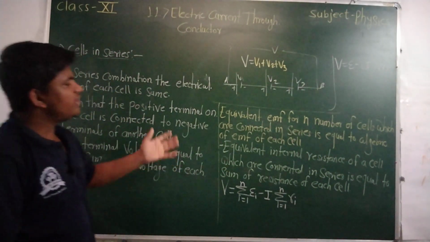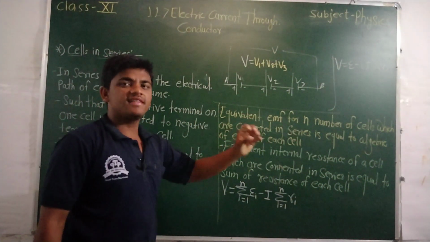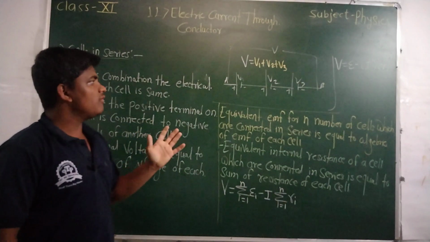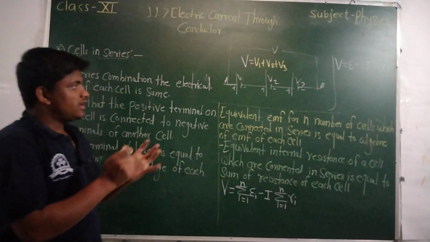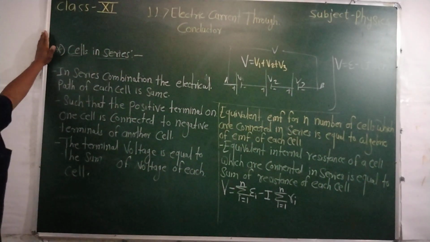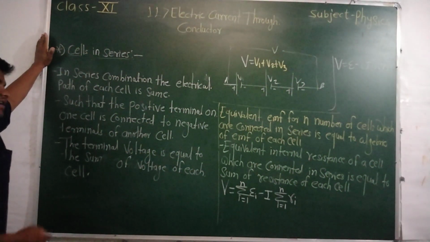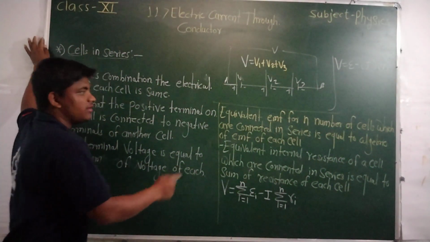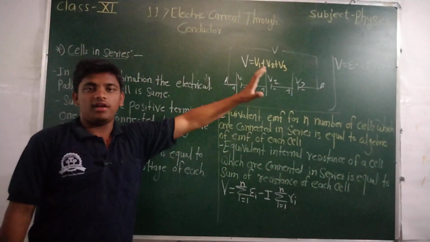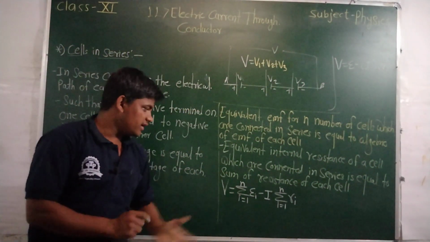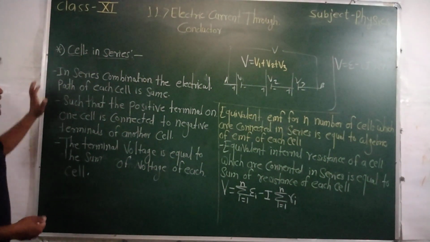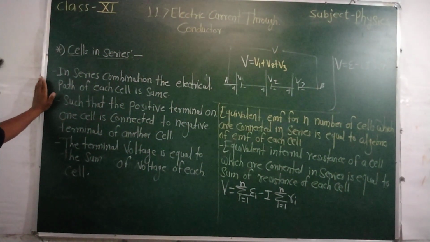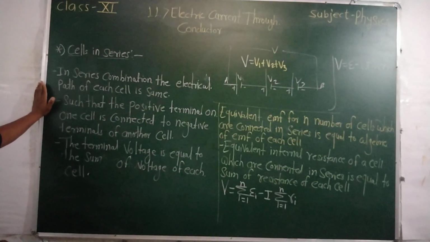When we connect n number of cells in a series combination, maybe 1, 2, 3 or any, we find the terminal voltage here. Then let us revise and take some advantages of this.